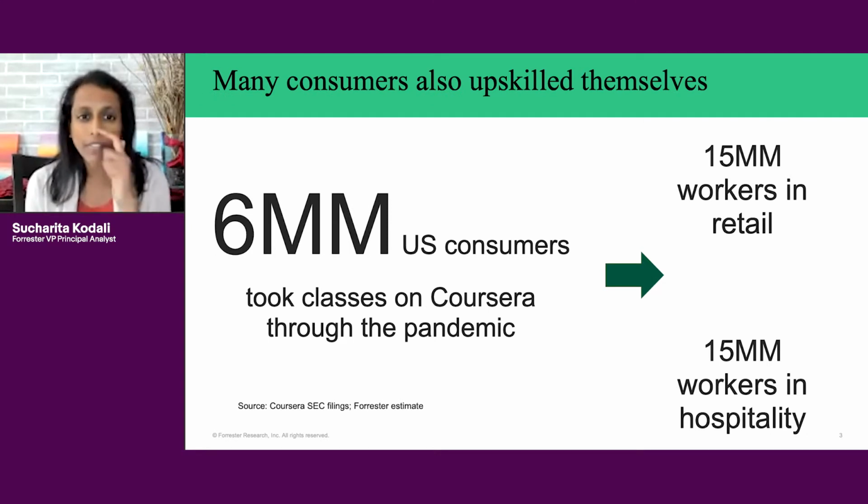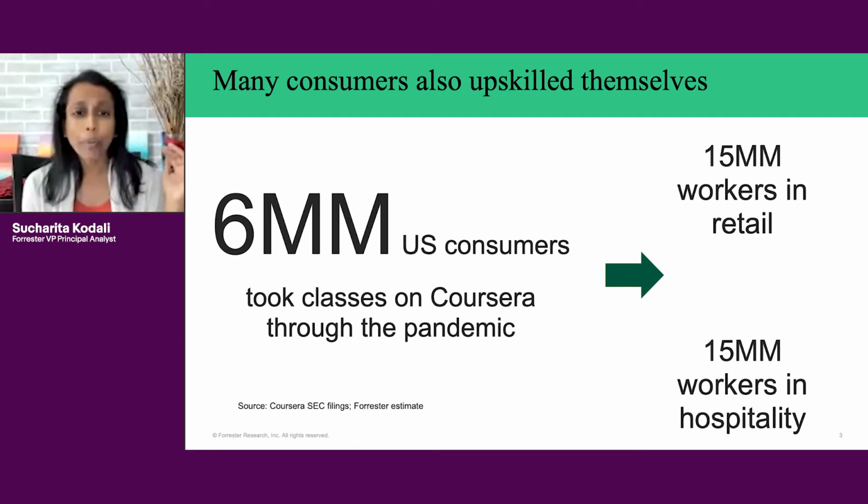And to give you a sense of how big of an audience that is, there are about 15 million people employed in retail in the United States, another 15 million employed in hospitality. So that's 30 million people employed in these relatively low wage hourly jobs. At least 6 million of them were basically taken out of the hourly workforce because they now have the ability to apply to higher wage jobs.